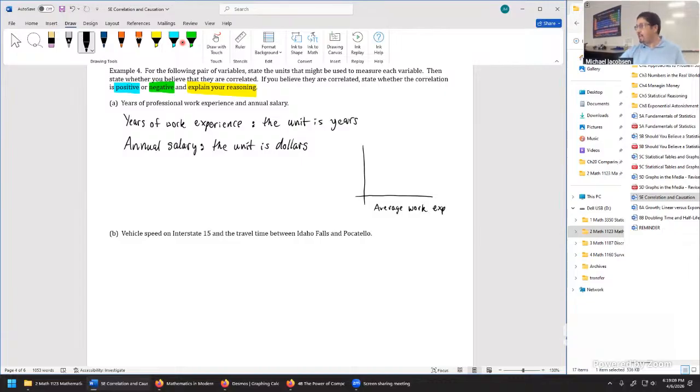And then for the vertical axis, we can say average annual salary.